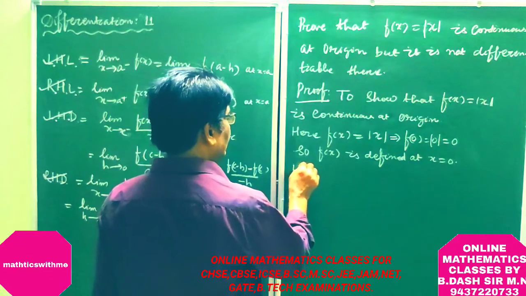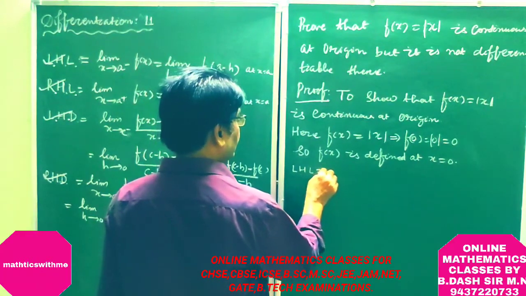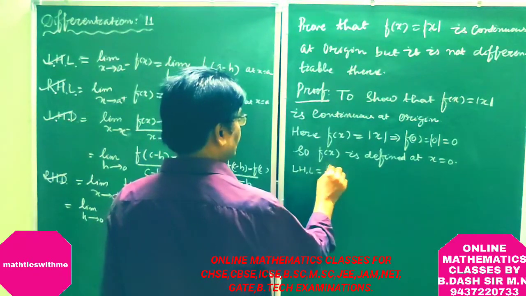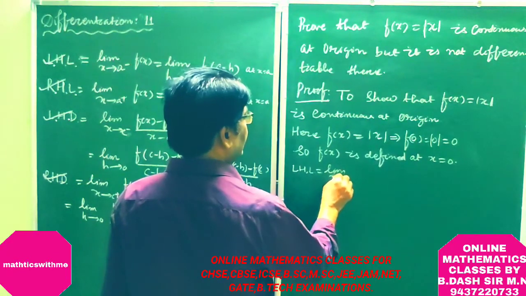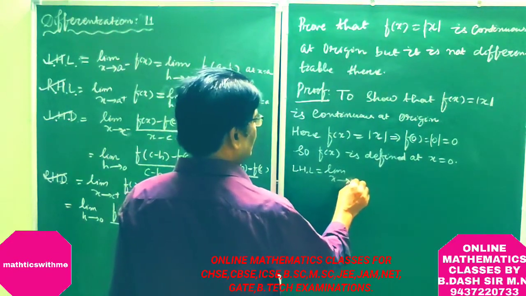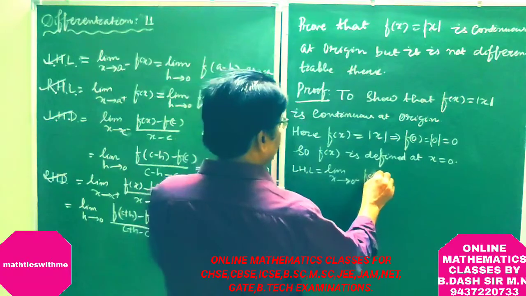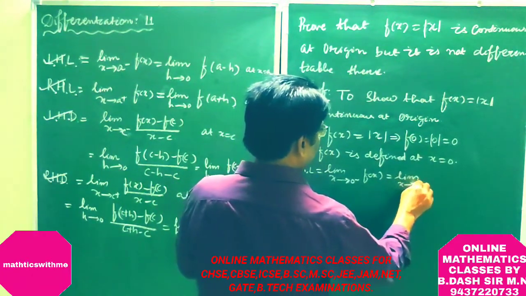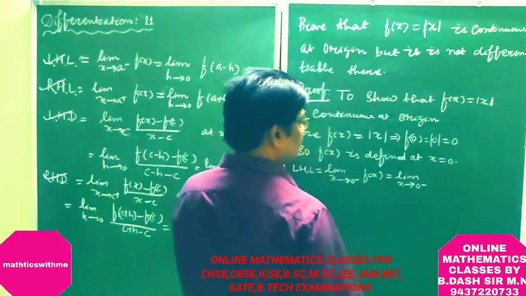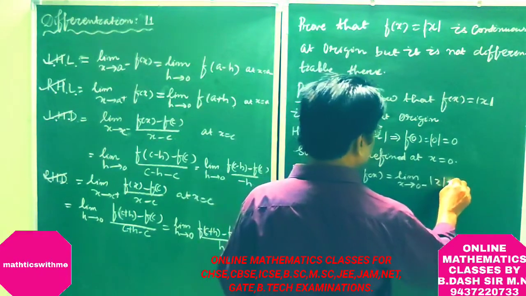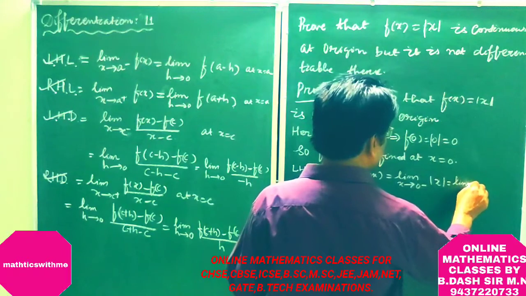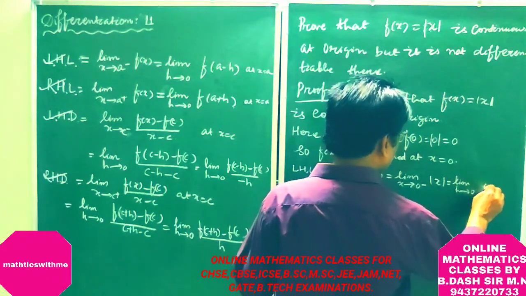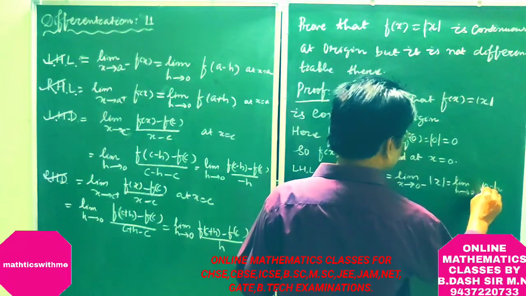Now the left hand limit: limit as x tends to 0 minus of f(x) is equal to limit as x tends to 0 minus of |x|, which is equal to limit as h tends to 0 of |0 - h|.